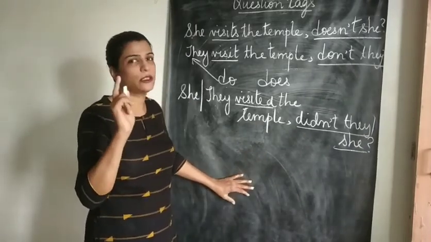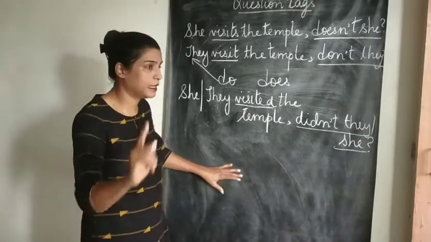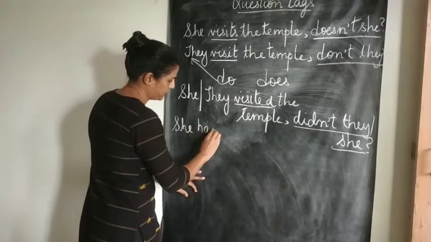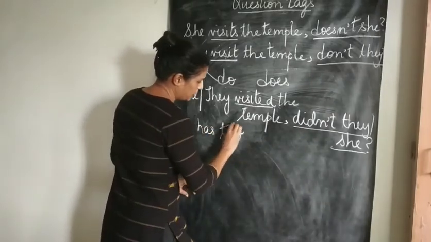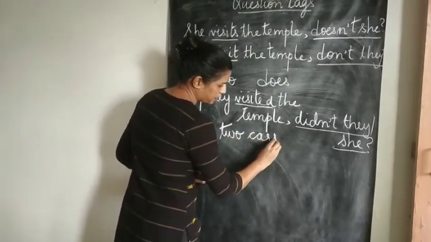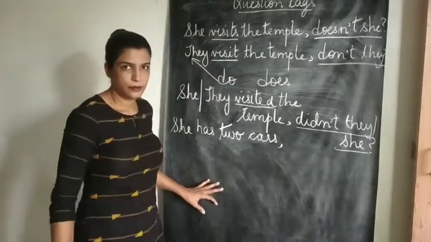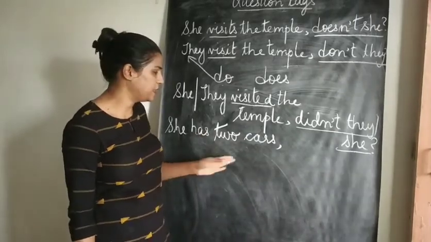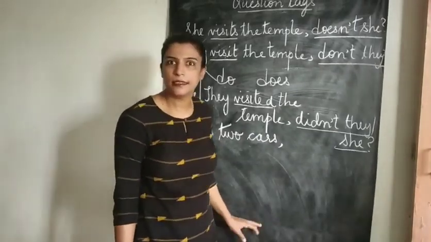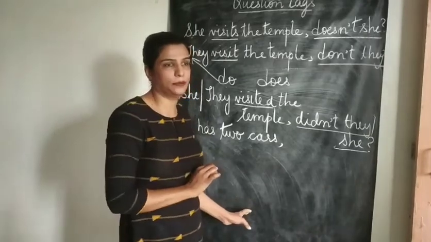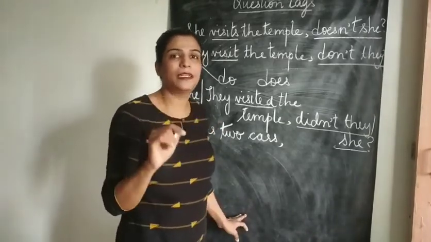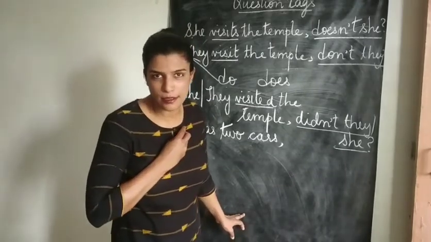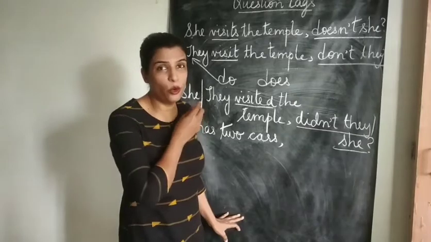Now one major thing you need to remember in this particular exercise is: she has 2 cars. Now you will say, ma'am, there is a helping verb in it. No, there is a difference over here. Now over here the word has means that she owns them.